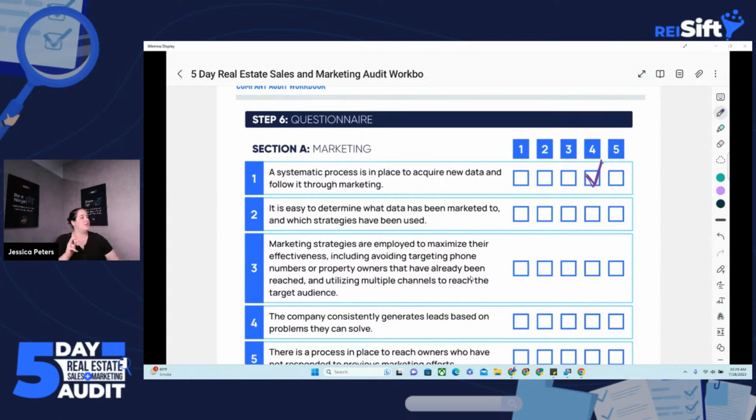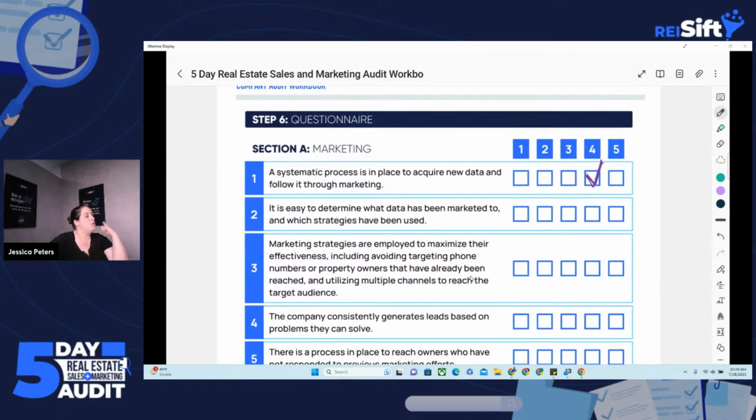Number 2, it is easy to determine what data has been marketed to and what strategies have been used. So this means you can tell when you get a new list if there are any addresses on there that I've already marketed to. This can happen sometimes. If you pull a tax delinquent list, that property could have already been on a code enforcement list, and you've already skip traced it and marketed to it before. Do you know that?